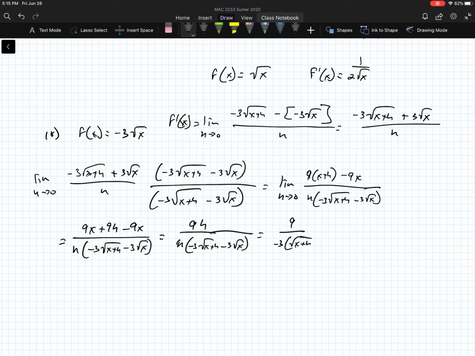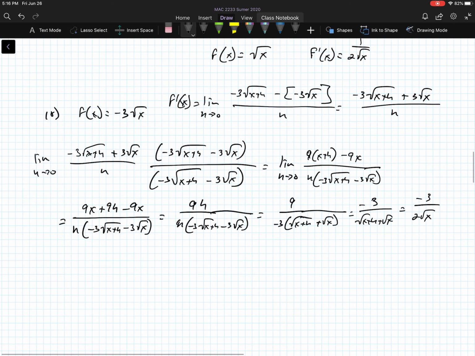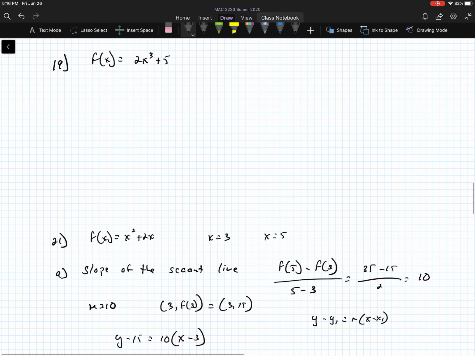This will be the square root of x plus h plus the square root of x. Now they're going to reduce. So it's going to be negative 3 over the square root of x plus h plus the square root of x, which is going to be 2 square roots of x, so negative 3 over 2 square roots of x. So we get the same result, but with the constant in the numerator. So that's a pretty good result.